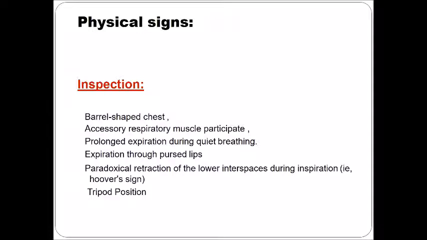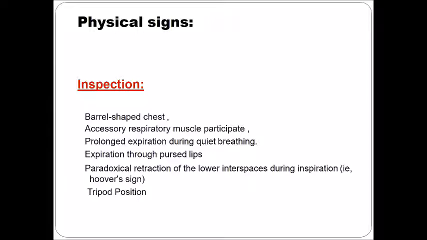Now, what are the physical signs? Let us discuss. Just by watching the patient, by inspection, you may come to some conclusion. Like you can see the barrel shaped chest, then you can see participation of accessory respiratory muscles. They are prominent, like sternocleidomastoid muscles and scalene muscles.